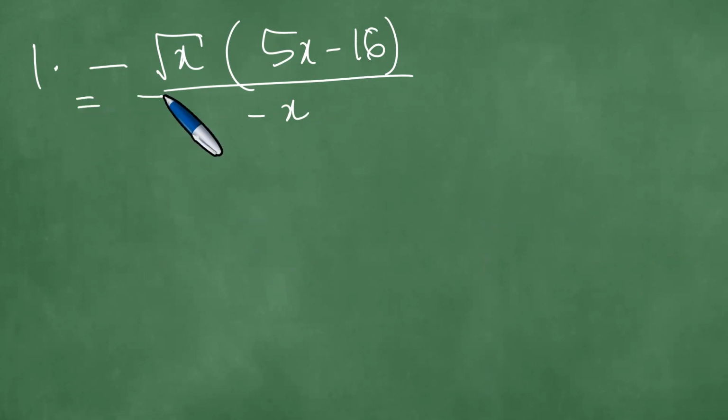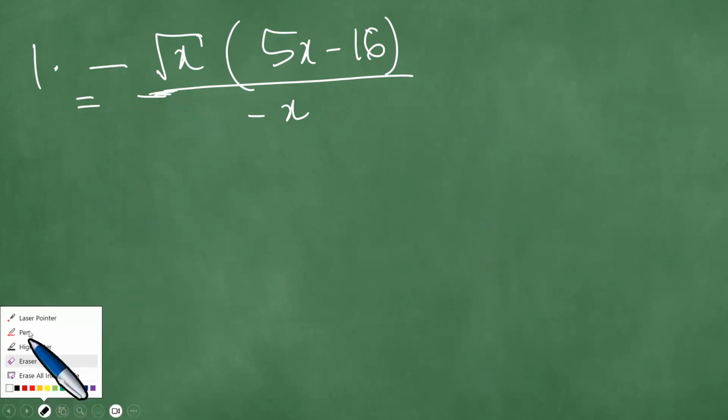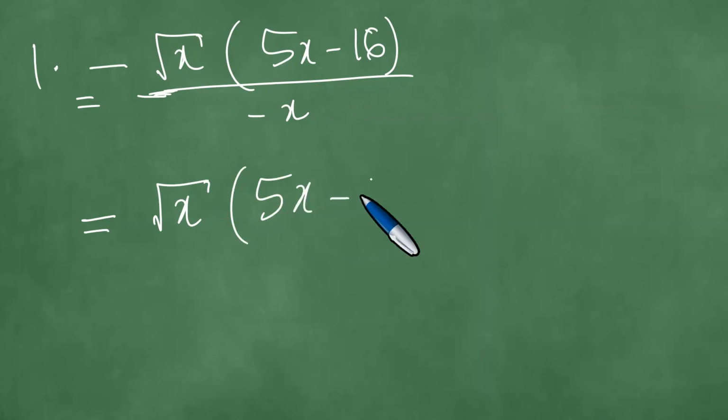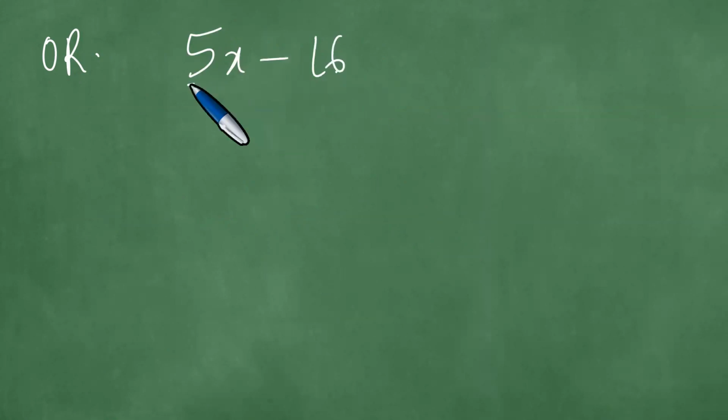So it's equal to the previous step. Negative divided by negative is positive, so in the end we get the square root of x into 5x minus 16.